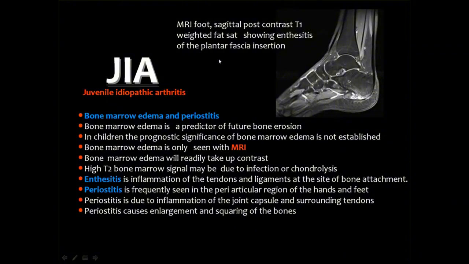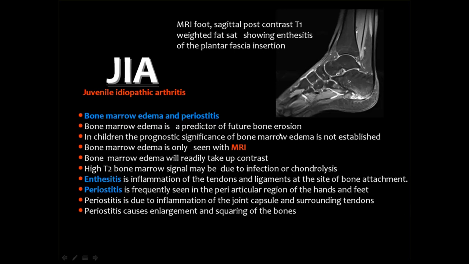And here, in this foot, you get some enthesitis of the plantar fascia. Here you get some thickening of the plantar fascia and abnormal signal on this T2 weighted image. In cases of juvenile idiopathic arthritis, you may get bone marrow edema and periostitis, which can differentiate this from transient synovitis, which is a disease localized to the synovium.